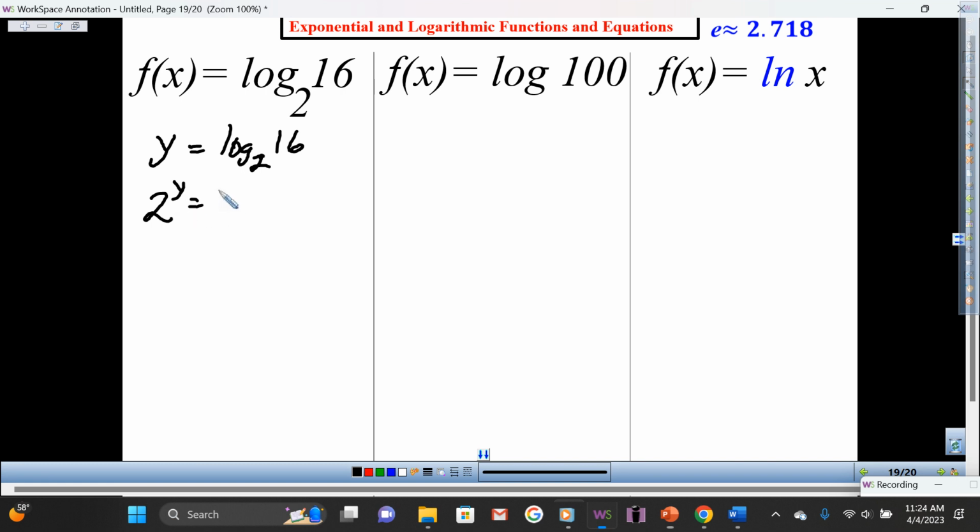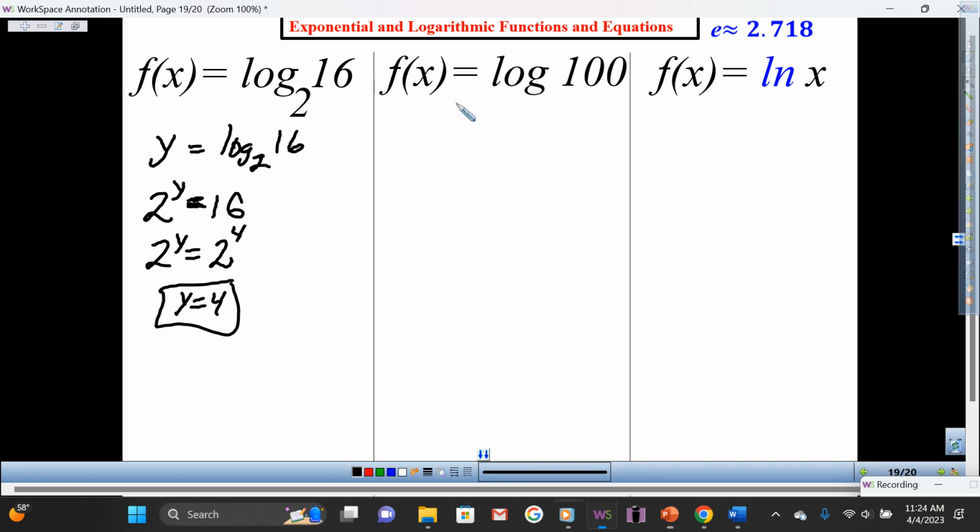Equals 16. Continue, Alessandra. 2 to the y equals 2 to the what? Therefore, see what I did? Therefore, y equals 4. All right, and that was last night's homework, yes?